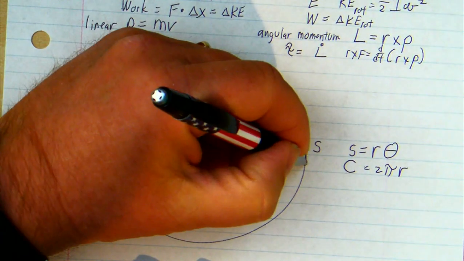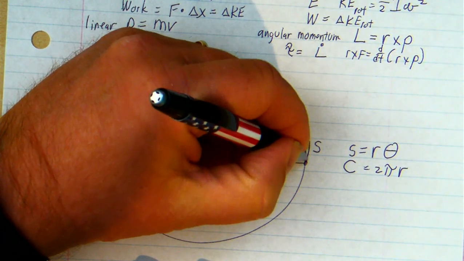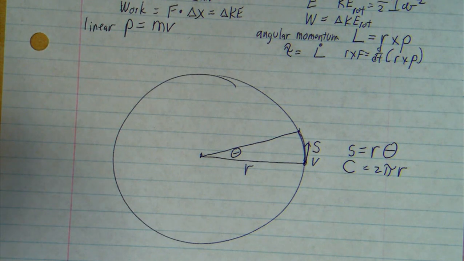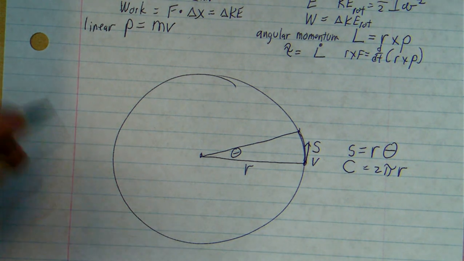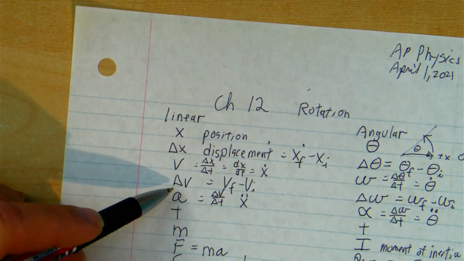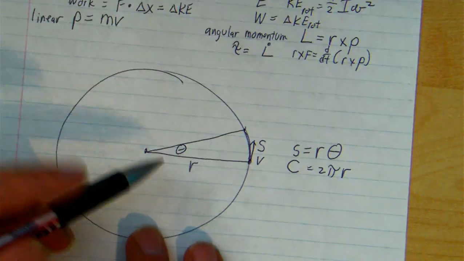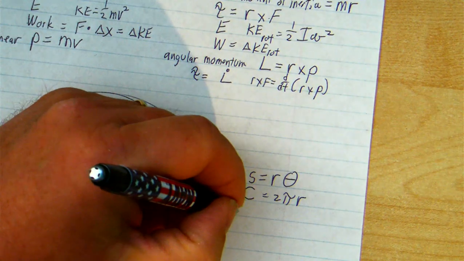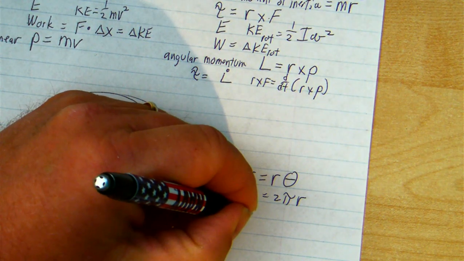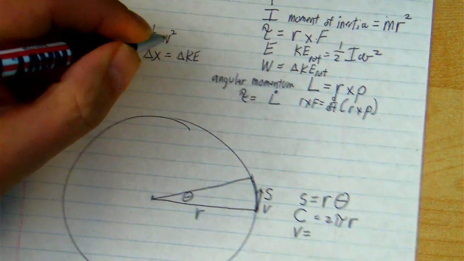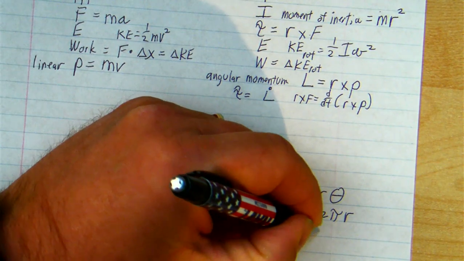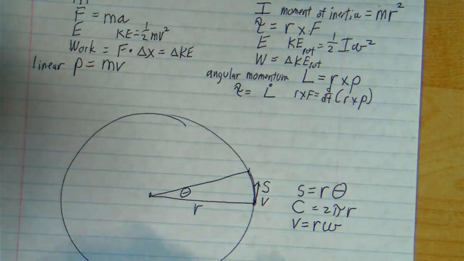So what about the speed at which you're moving? You're moving at speed v. Well, that is the time rate of change of your position as a function of time. Here, I can say that your speed v is the product of r omega.